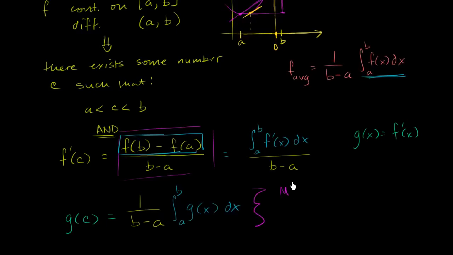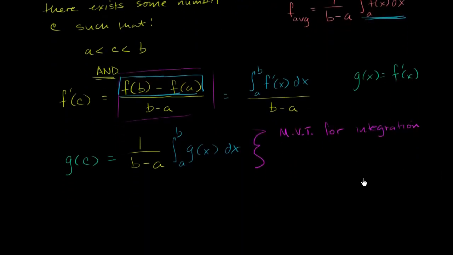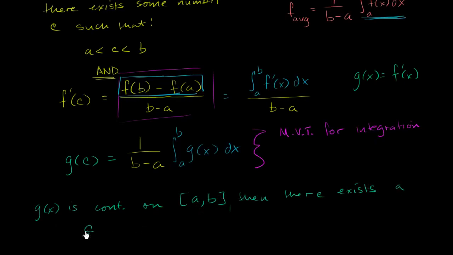So this is the, I'll just write the acronym, mean value theorem for integrals or integration, which essentially, to give it in a slightly more formal sense, is if you have some function g. So if g of x is continuous on this closed interval going from a to b, then there exists a c in this interval where g of c is equal to, what is this?